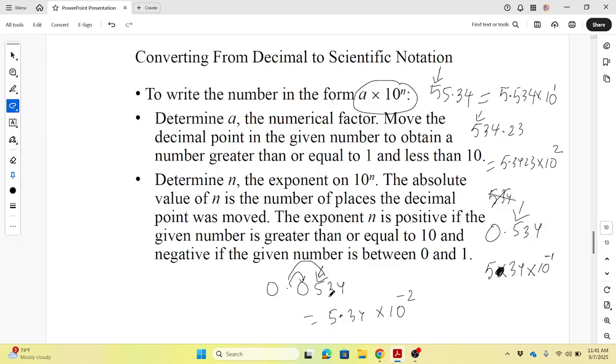So you just count how many times you move the decimal to the right to write down the number in scientific notation. You put that in the exponent as a negative exponent. If you move the decimal to the left, then you express your scientific notation as 10 to the power of the number of positions, as a positive exponent.